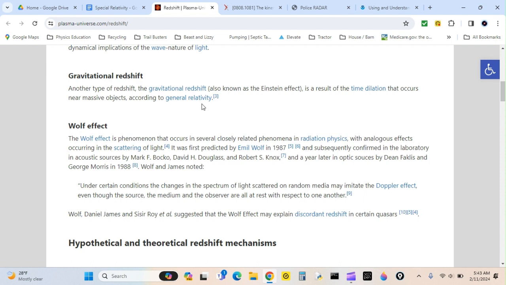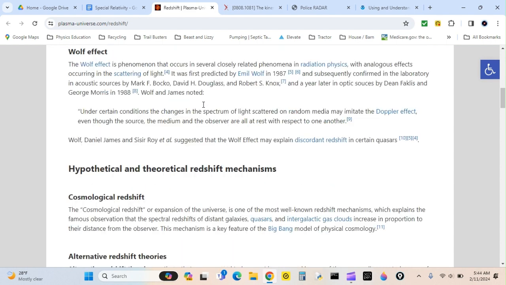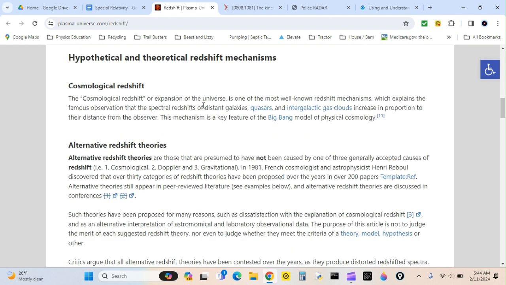Pretty weird, huh? But Doppler shift is not the expected idea when we're talking about cosmological things. Okay, here's cosmological redshift. Expansion of the universe is one of the known redshift mechanisms, and this is the big idea for the Big Bang idea.